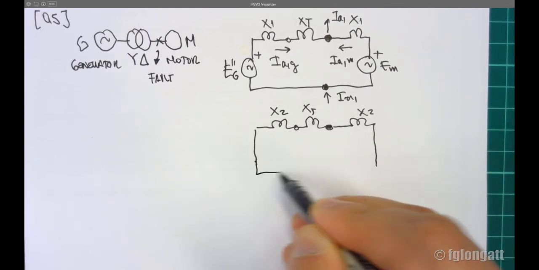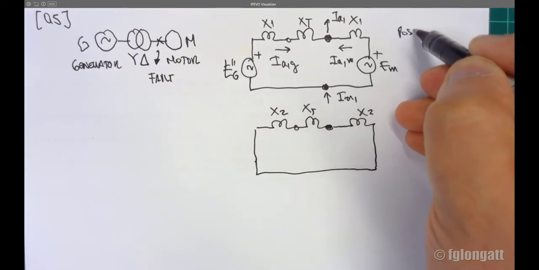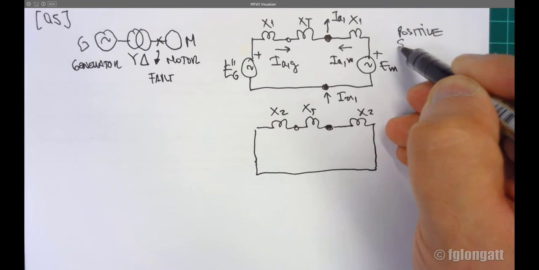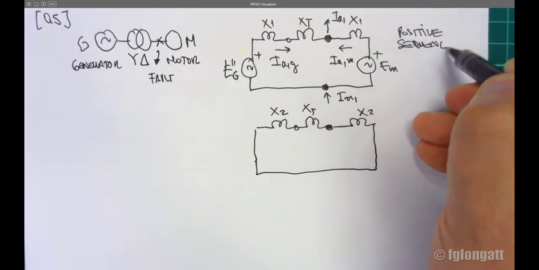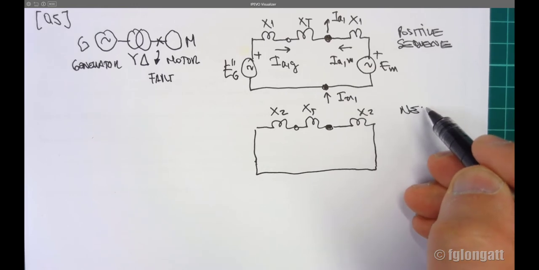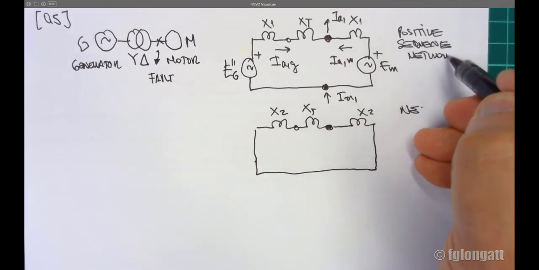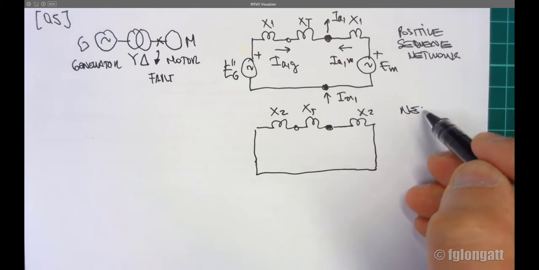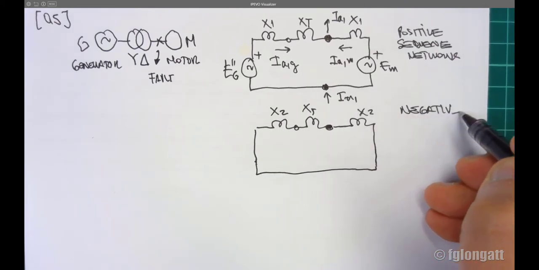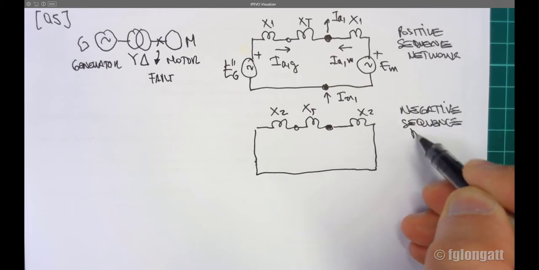And here we have the positive sequence. And here is the negative sequence equivalent network, okay? This is the network. And this is the negative sequence network, okay?